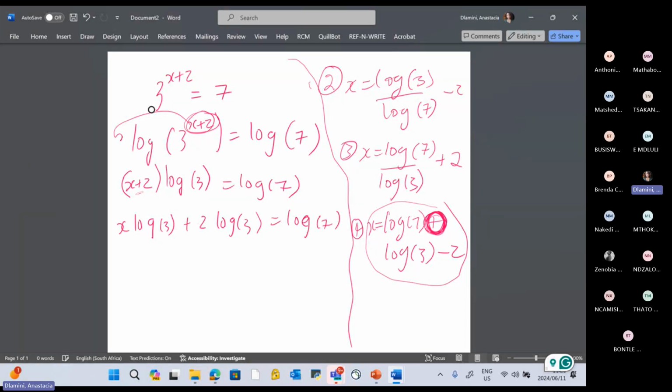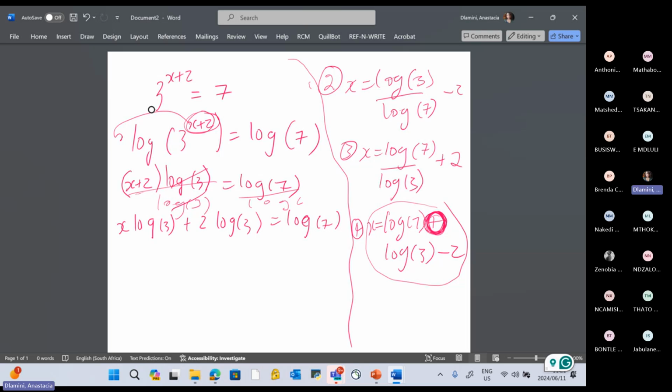The reason why I didn't do that, because for me it's easier to just divide by log of 3 to actually cancel this term out. Do you see that? Yes. And then after that, I just divide both sides by that, and then it becomes easier for me.